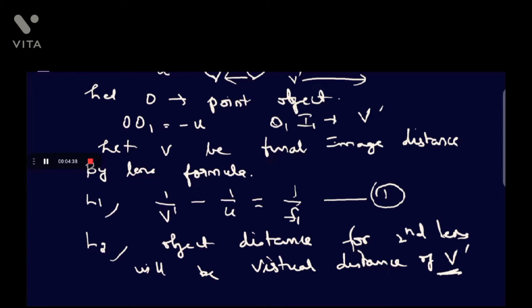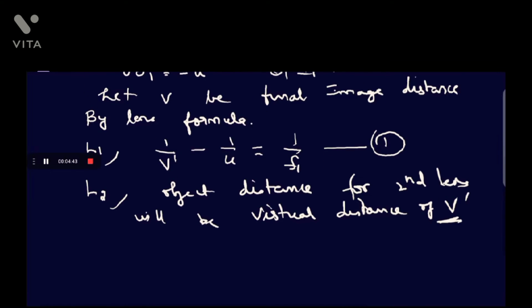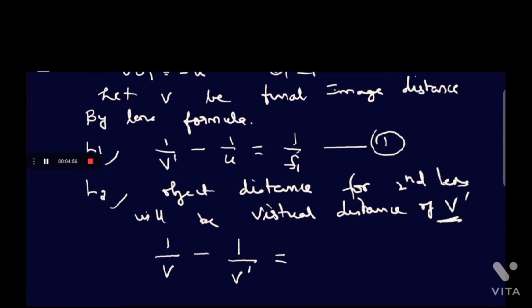This V dash will be the virtual object distance for the lens L2. By this, if you rearrange the lens formula, the final image will be 1 by V, and then the object distance will be 1 by V dash, which is the virtual object distance due to the lens L1, and the focal length is 1 by f2.